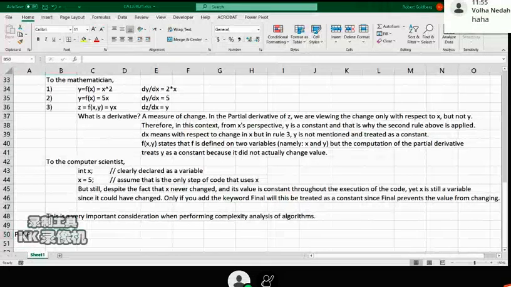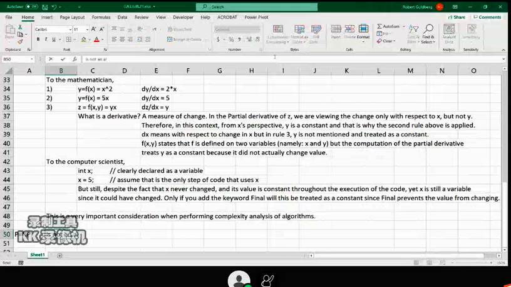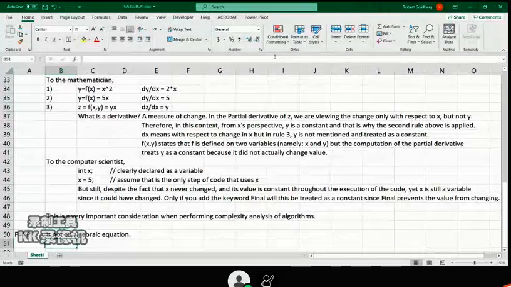P equal NP is not an algebraic equation. Okay, good. So what is it? The P on both sides somewhat refers to the same thing. The N modifies it, so it's not exactly the same.